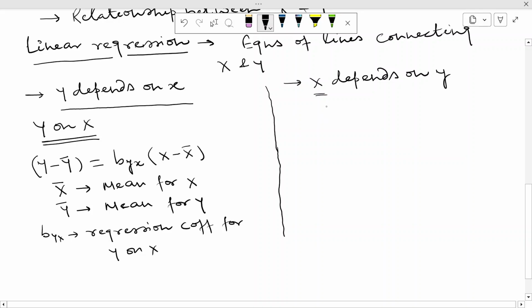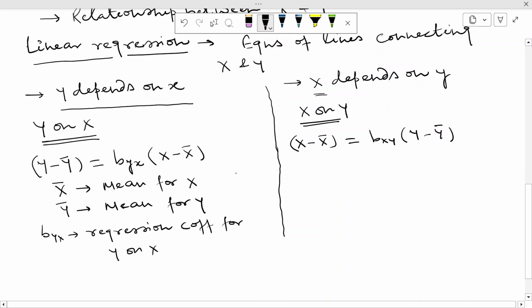Now when you are considering that x depends on y for its values, the equation of line is considered as x on y, and the equation is x minus x bar equals bxy times y minus y bar.